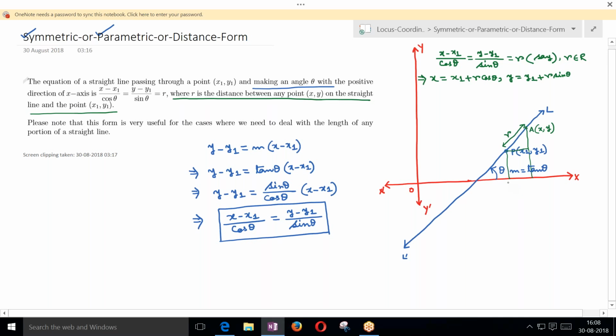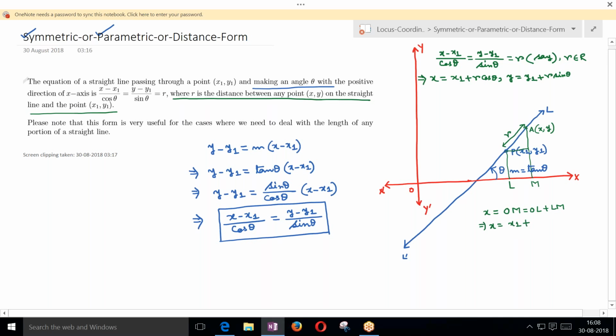Suppose we name this point L and this one M. So what is x? x is equal to OM, and OM is equal to OL plus LM. So x is equal to, what is OL? OL is x1.